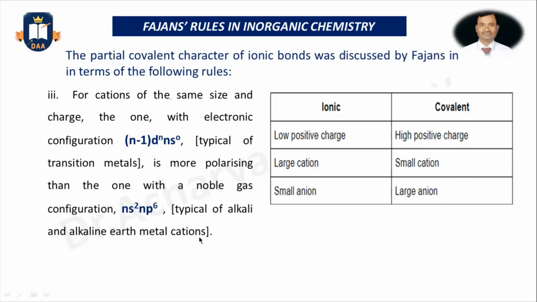So the representative elements, meaning alkali and alkaline earth metal cations, are less polarizing than the transition metals which have this type of electronic configuration (n-1)d^n ns^0.